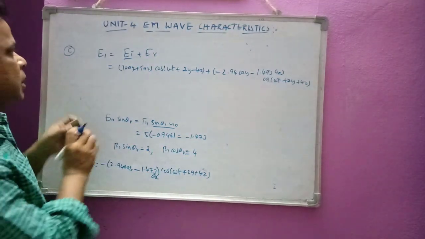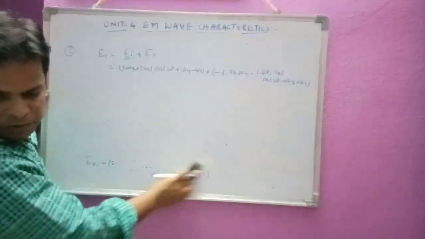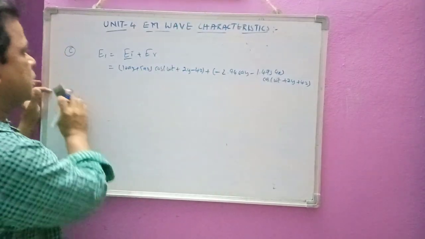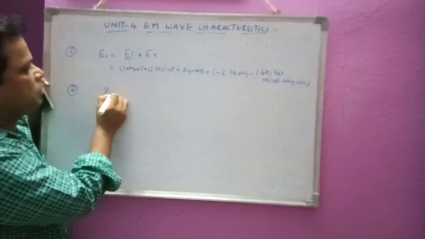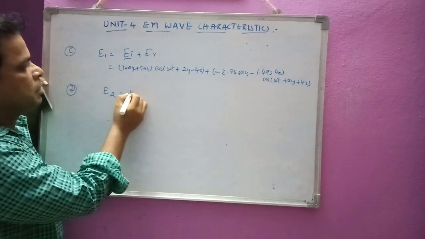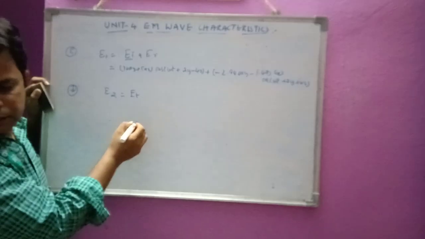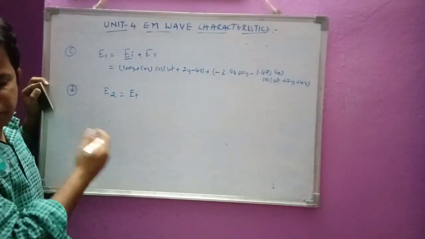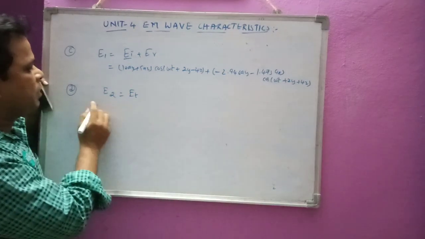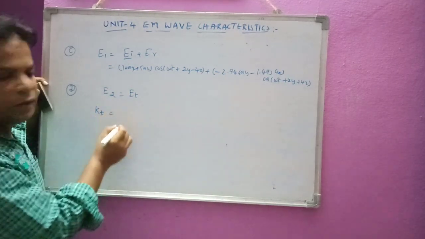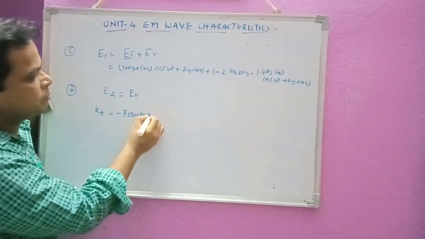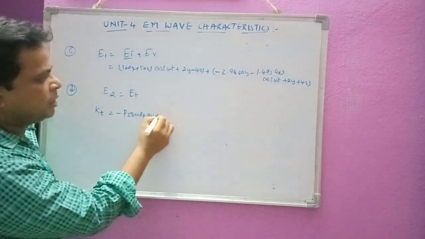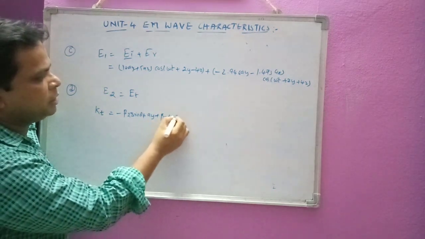Now similarly we are going to find the total field in medium 2. We have said that E2 is equal to ET, the total field in medium 2. Now from the triangle KT we can write the KT vector: KT is equal to minus beta 2 sin theta t aY plus beta 2 cos theta t aZ.